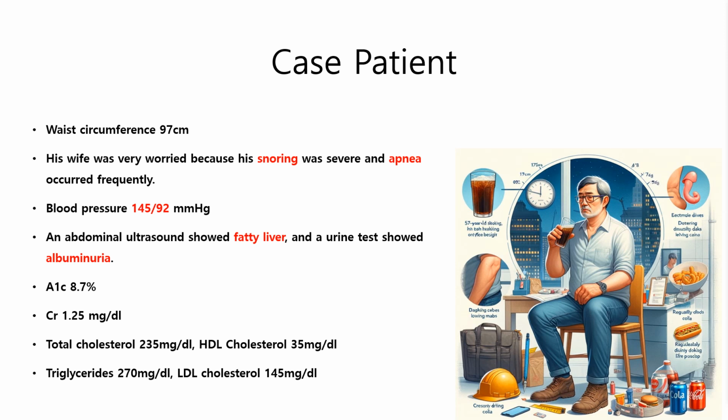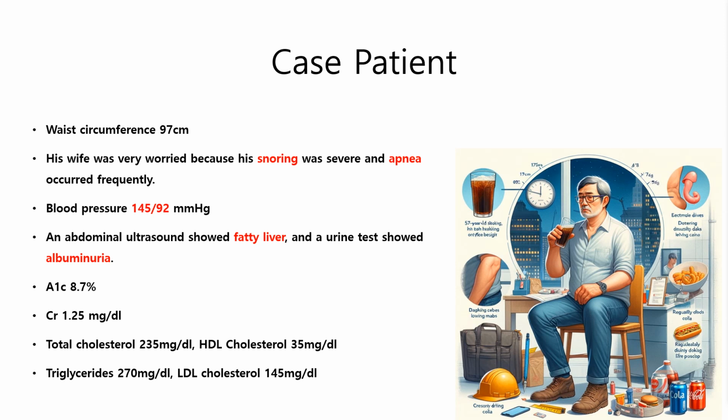Upon further evaluation, this patient had several concerning symptoms and test results. He has a waist circumference of 97 centimeters and experiences severe snoring, accompanied by frequent episodes of apnea, suggesting obstructive sleep apnea.